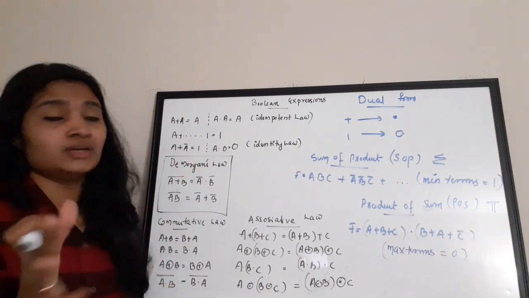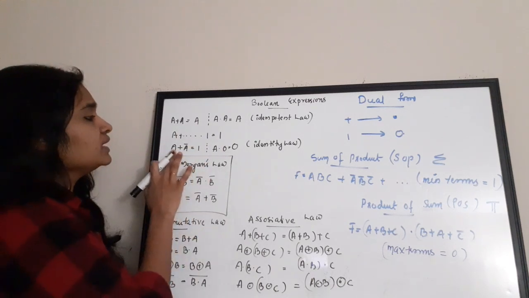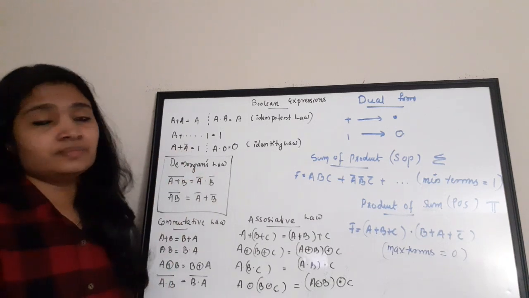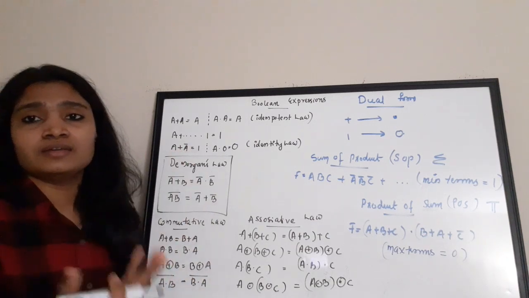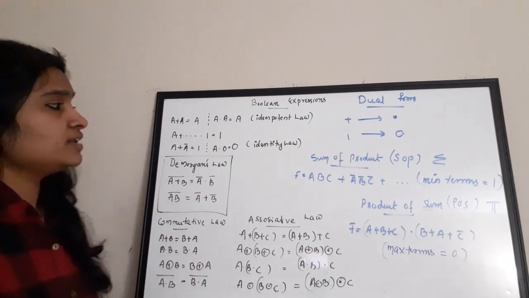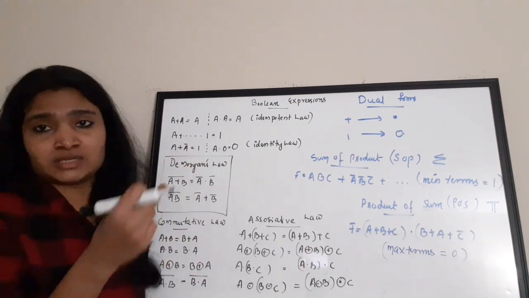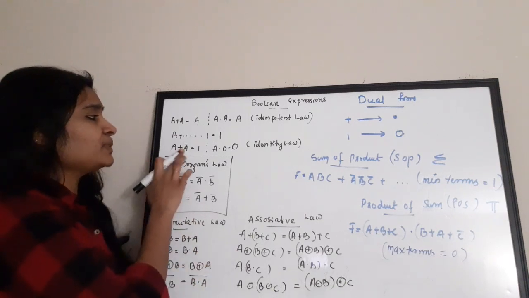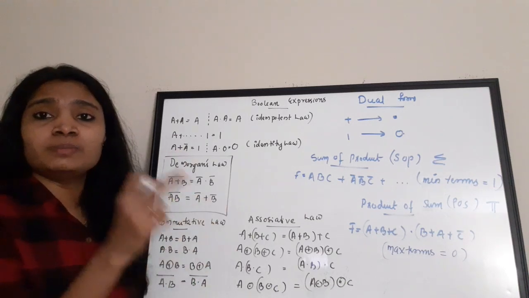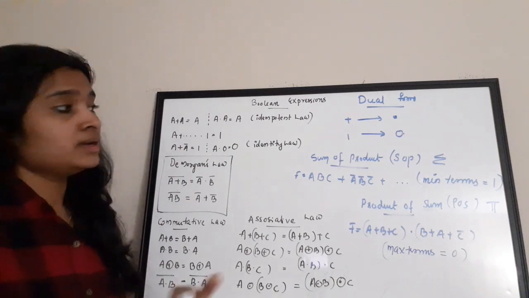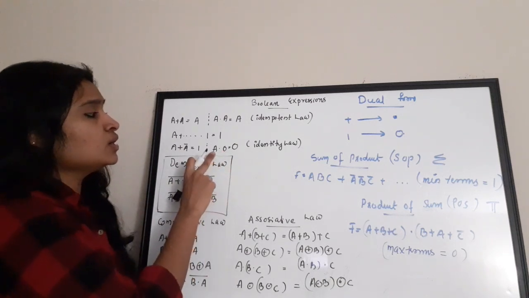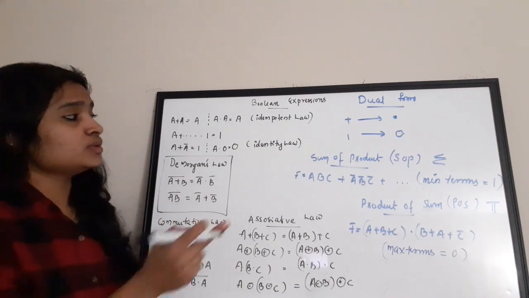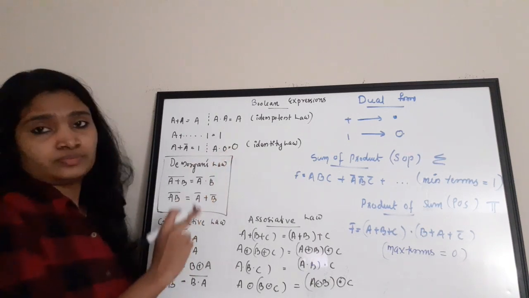This A can again be any variable, B or C, plus its complement. That is, any variable plus its complement is equal to 1. And if you take the product of A and 0, that is A into 0, it is equal to 0.